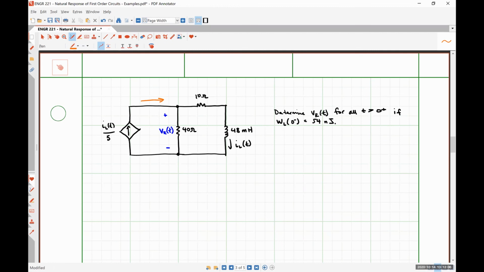In terms of IL of t, how much current is that orange current that I've just labeled? Okay, so let's call it 0.2, but yeah, IL of t over 5. So 0.2 IL of t. Alrighty. How much is the current flowing through the 10 ohm resistor in terms of IL of t?